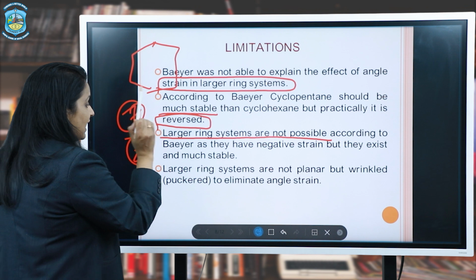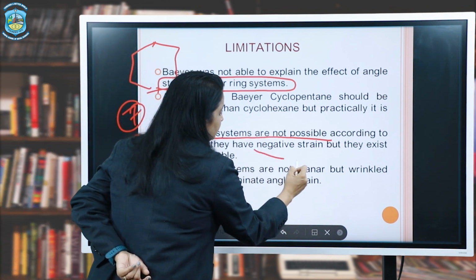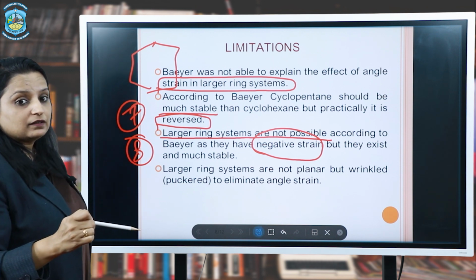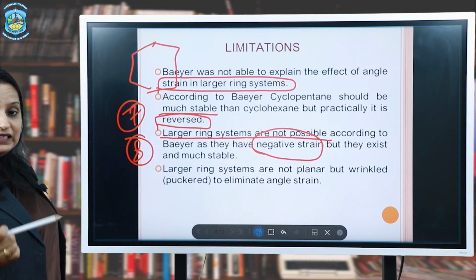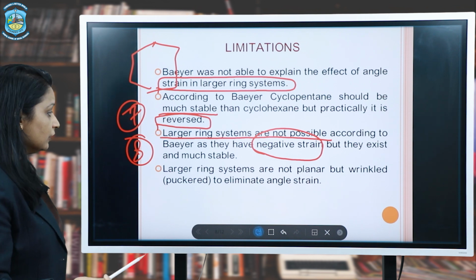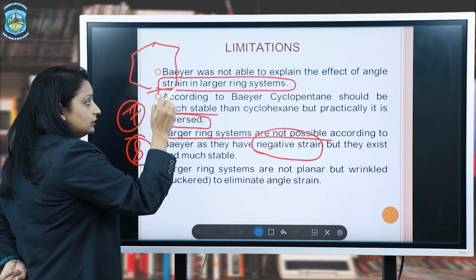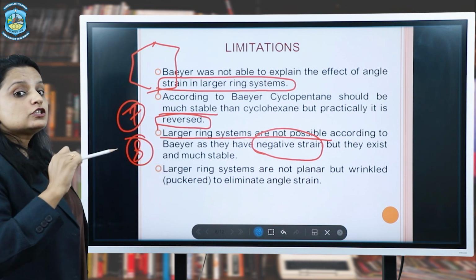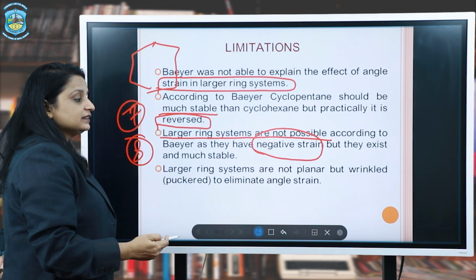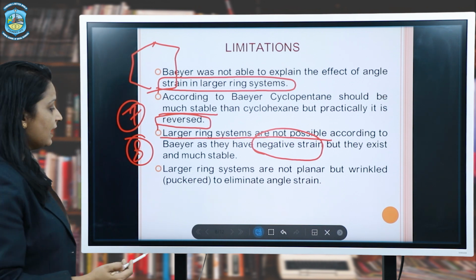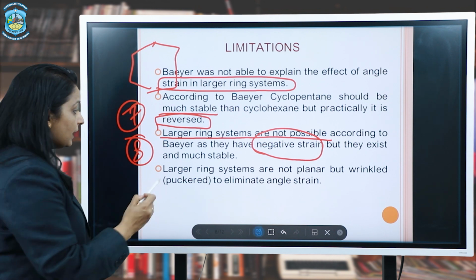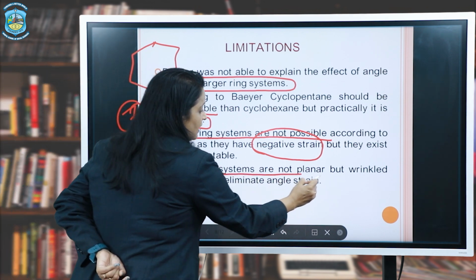Why? Because as you have seen in the table, the strain in them was negative, but you know that these higher rings do exist and they do react. So Baeyer's theory was not successfully applicable to larger ring systems, and the reason was that Baeyer considered ring systems to be planar, but the larger ring systems are what?